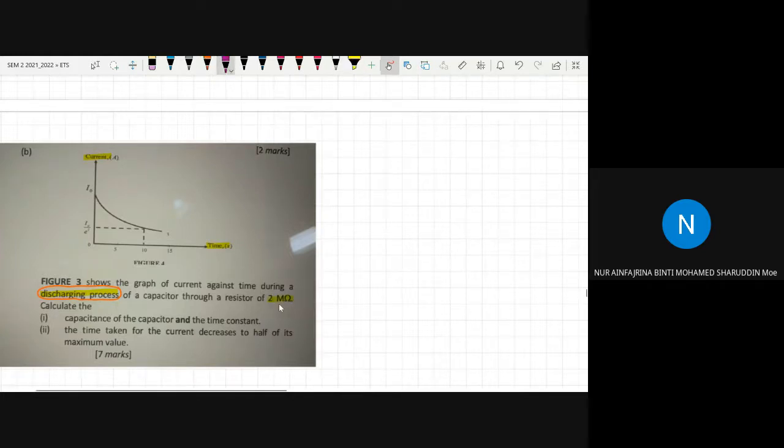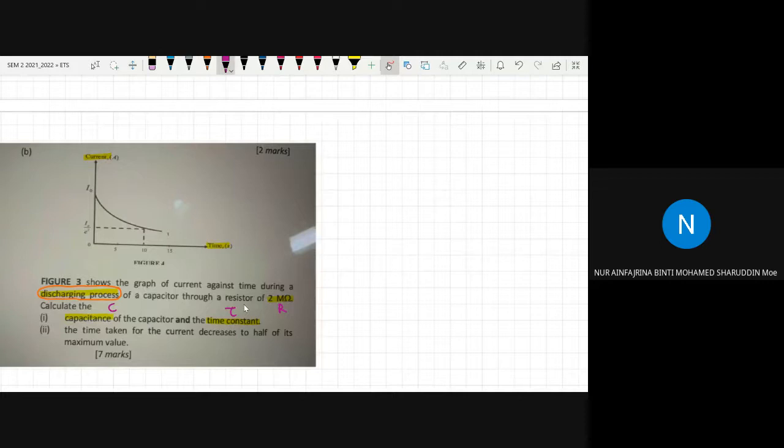When you get the question, first figure out whether it is a discharging or charging process. The first question: calculate the capacitance of the capacitor and the time constant. The time constant is not the alphabet T, but tau.